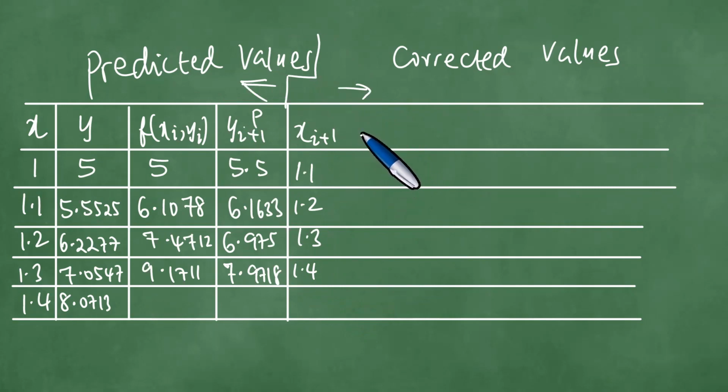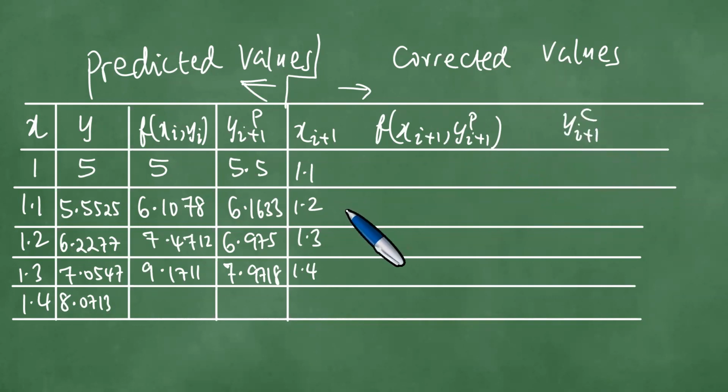And then here, this one is f of xi plus 1, then you have yi plus 1p. Then you have here yi plus 1 like this.